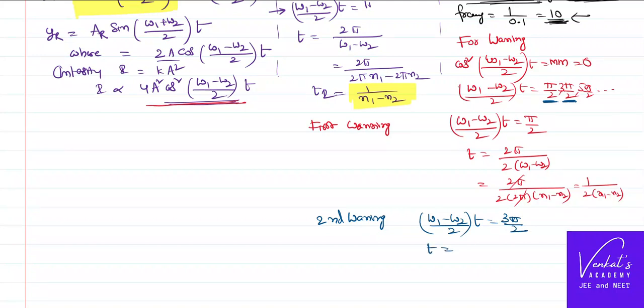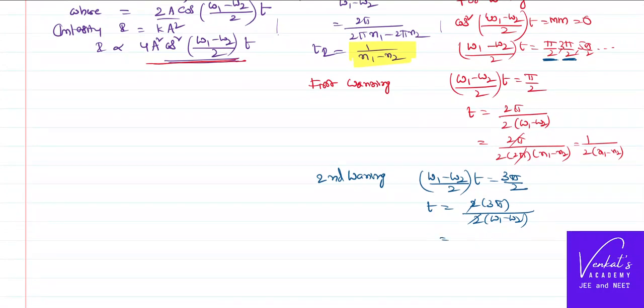So t will be 2 into 3 pi by 2 of (omega 1 minus omega 2), that 2 can be cancelled. That is 3 pi by 2 pi of (n1 minus n2), pi and pi will cancel. So this is 3 by 2 times (n1 minus n2). So if you notice carefully, the first waning happens at 1 by 2 of (n1 minus n2). The second waning happens at 3 by 2 of (n1 minus n2).